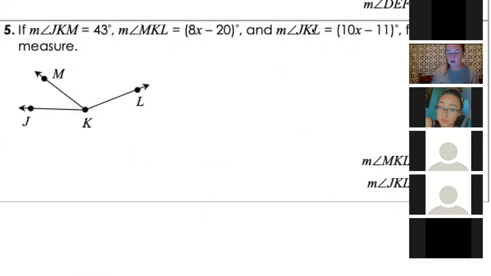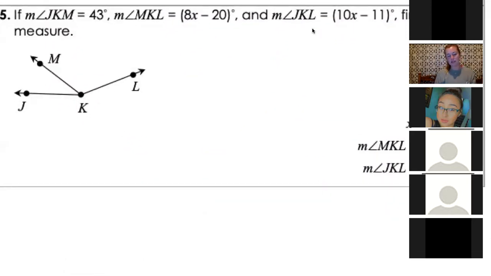Let's go ahead and look at another one of these, okay? It says, if the measure of JKM equals 43 degrees. So let's go ahead and start with our colors. So we have JKM right here, and it equals 43 degrees.